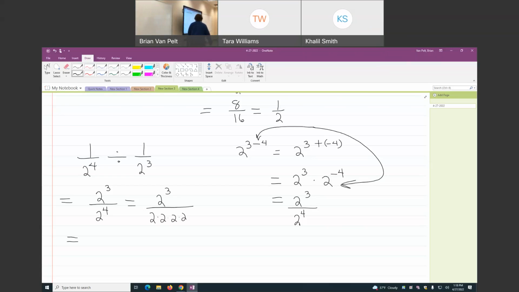Would you agree that's true? That I can wipe out 2 to the 3rd on the top and the bottom, can't I? Well, there's a 1 over here. There's still a 1 on top, maybe.